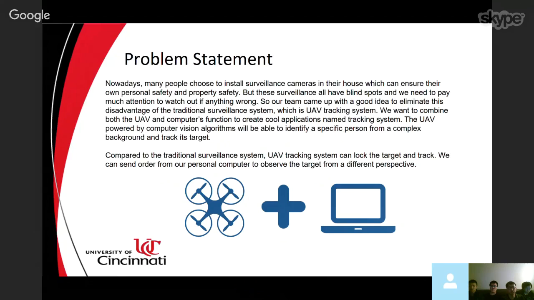The UAV tracking system powered by computer vision algorithms will be able to identify a specific person from a complex background and track its target. With the UAV tracking system, people will no longer worry about the dangers from blind spots of the traditional surveillance cameras.